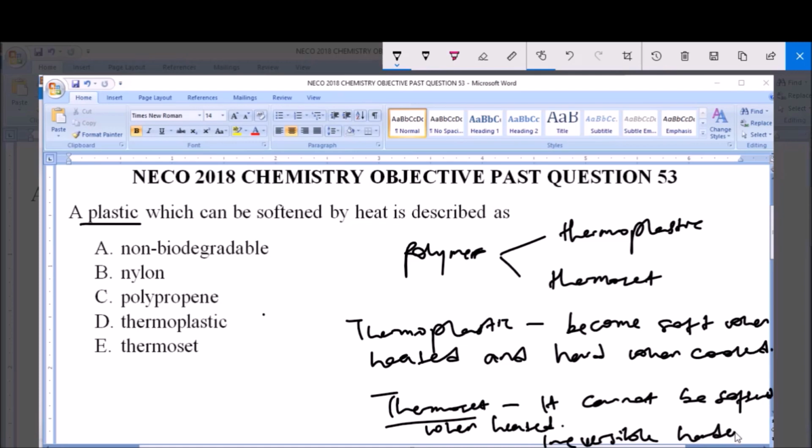So even when heat is applied, it is impossible to soften this plastic to form a new shape. So the plastic which can be softened by heat is described as the thermoplastic, which is option D. Like I have described, the thermoplastic has the ability to become soft when heat is applied and hard when cooled, and this can be done several times. So the answer to this question is option D, thermoplastic.